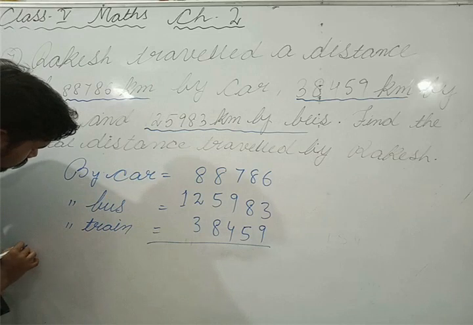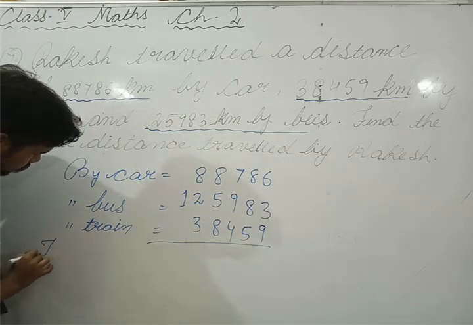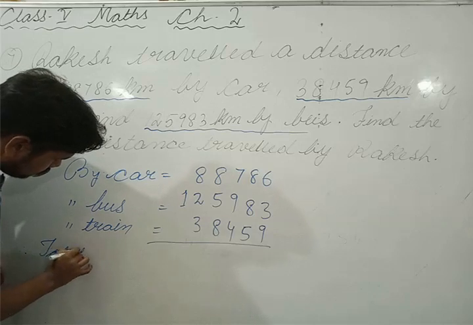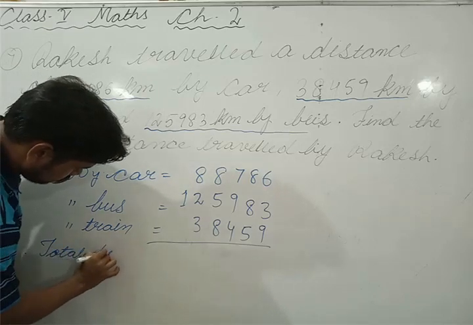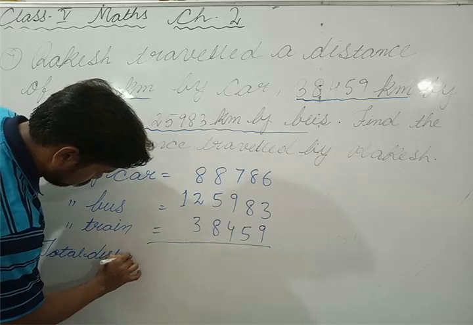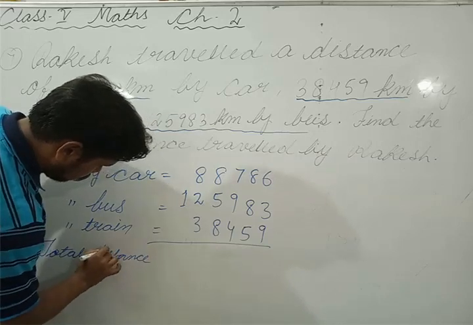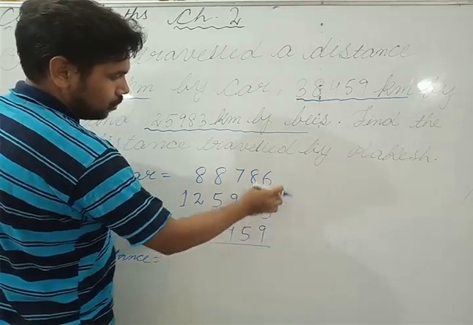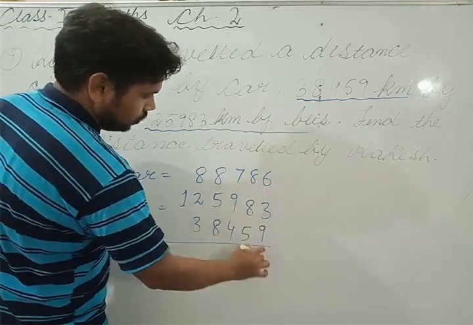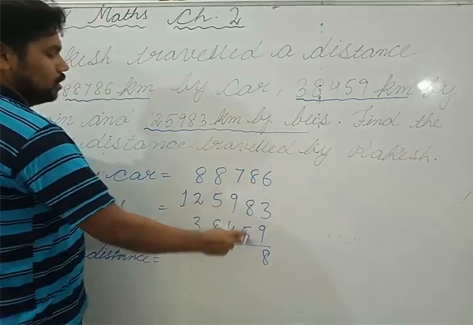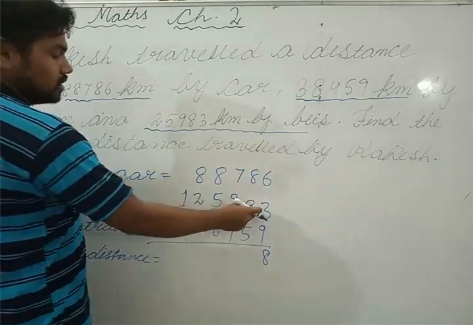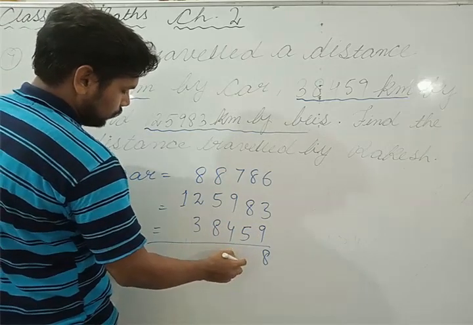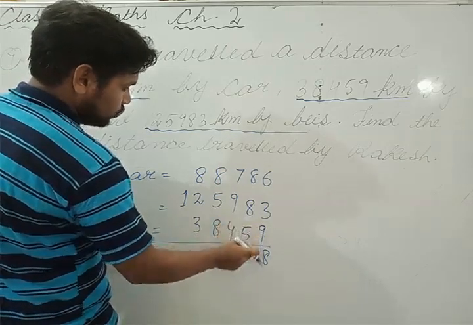So therefore total distance is equal to 9 plus 3 is 12, 12 plus 6 is 18. So 8, 1 carry. 9 plus 8 is 17, 17 plus 5 is 22.